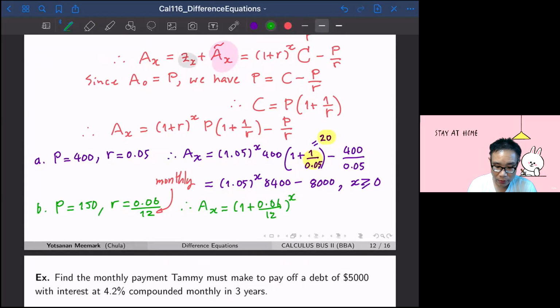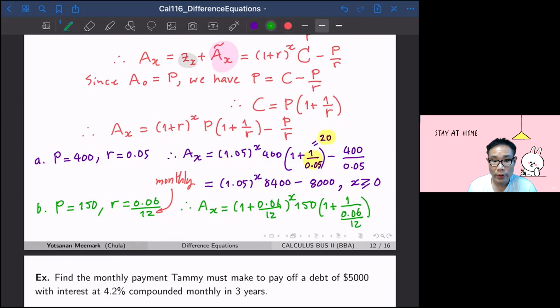And you're going to have P, which is your 150, and you have 1 plus 1 over R. It's not going to be a nice number, so it's going to be 1 plus 1 over 0.06 over 12, okay?